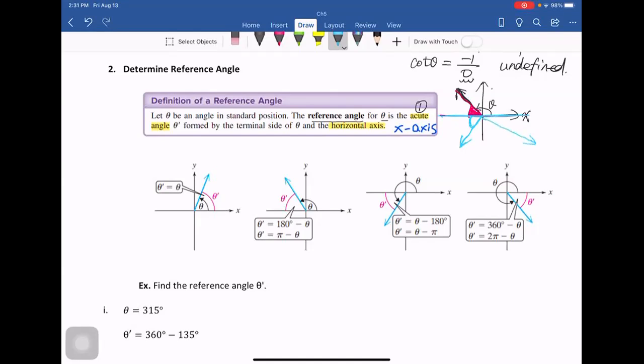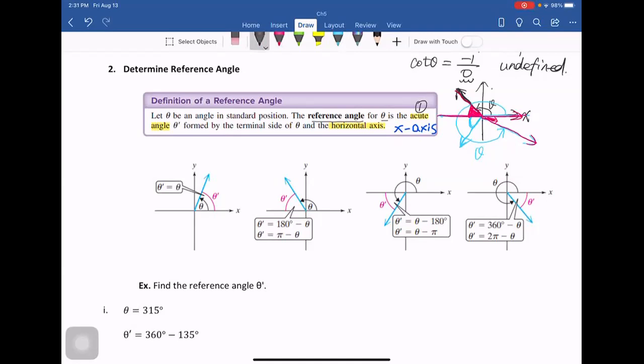So if the original angle is theta like this, and the terminal side of theta is this, between the terminal side and axis, the angle must be acute. So the angle is here.